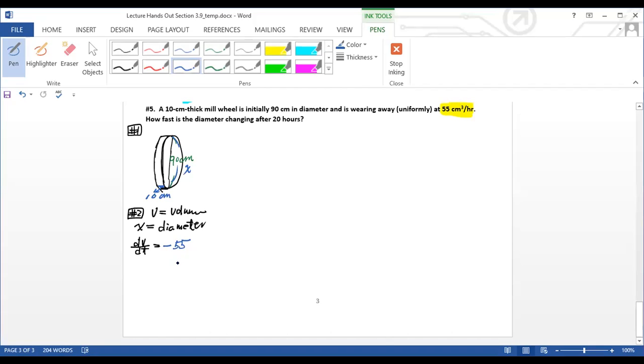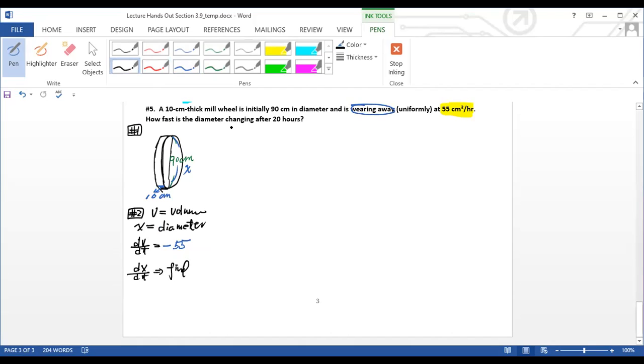The reason why I put it as a negative is because they say it is wearing away, which means it's getting smaller and smaller. So it's negative here. Now I want to see how fast the diameter is changing, so dx/dt is what we need to find here.